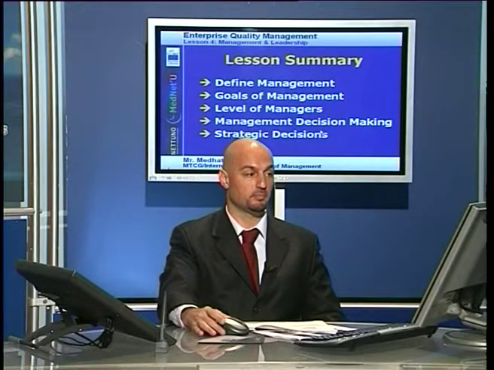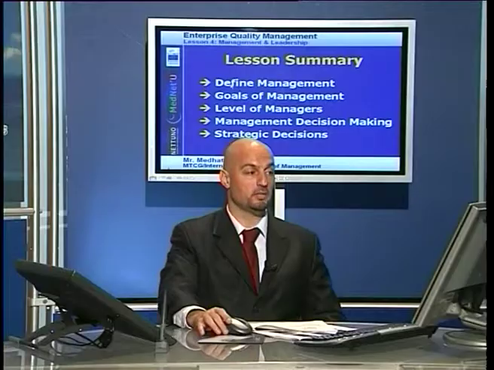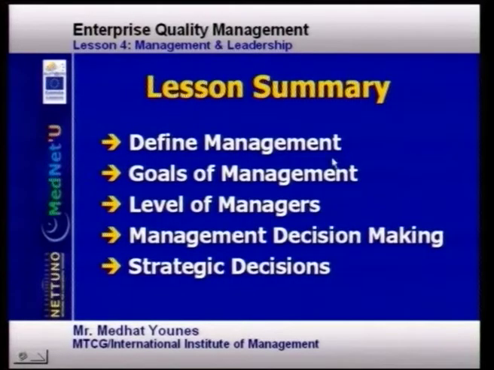Lesson summary. In this lesson, we defined what management is, what the goals of management are, the different types or levels of management, and the management decision-making process, how managers take strategic decisions.